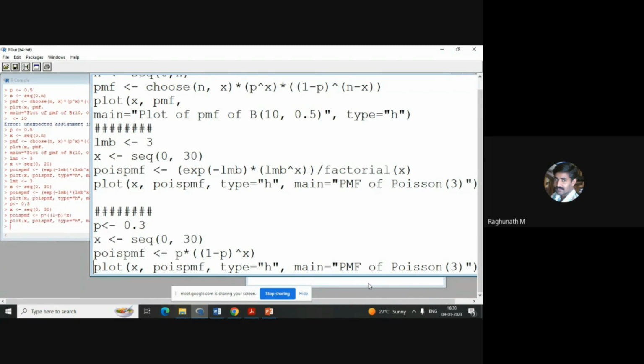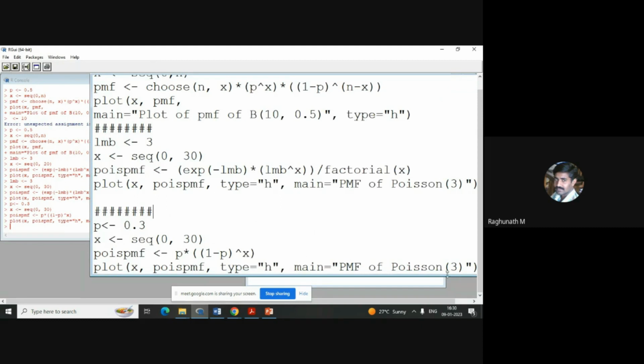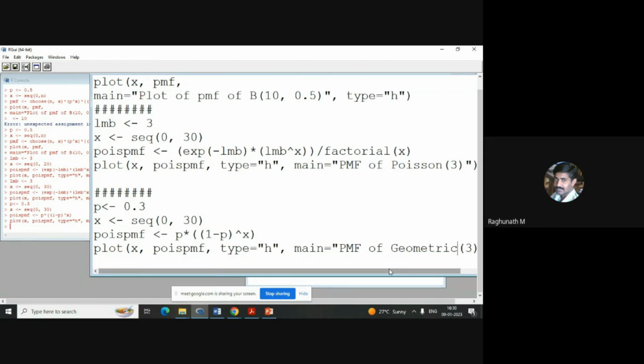There is no error in my console. This is how it is, actually it has become Poisson, so we can change it to geometric. Geometric with 0.3. Even you can take this as geo. You can change the names wherever required.